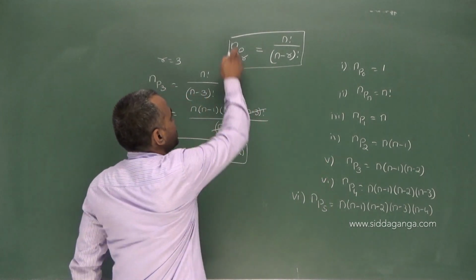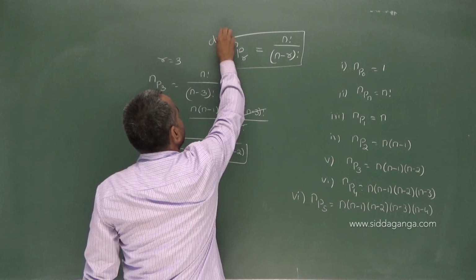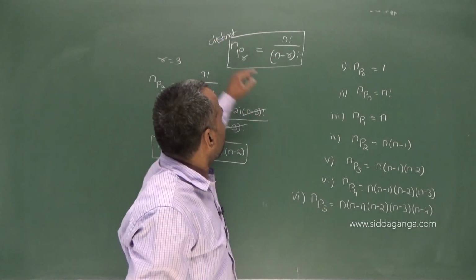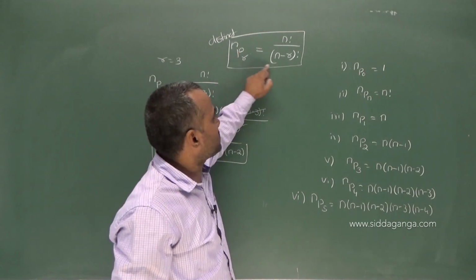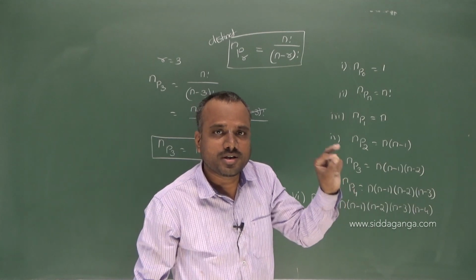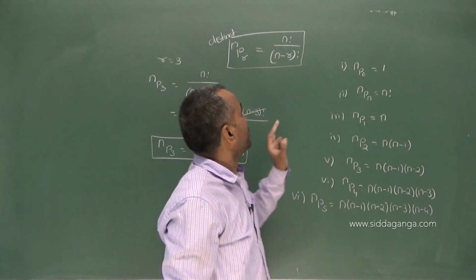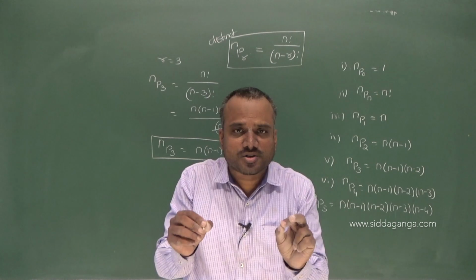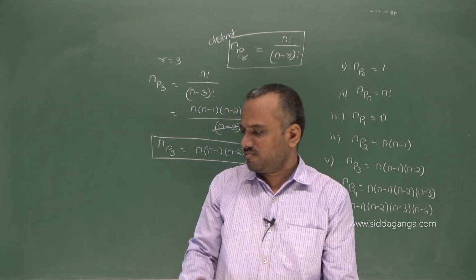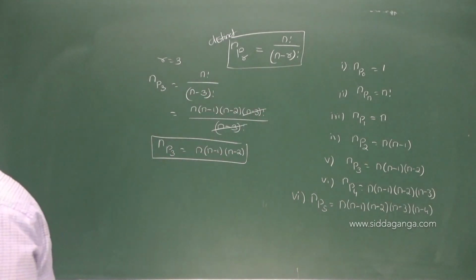Firstly, for distinct objects, nPr is nothing but n factorial divided by n minus r factorial. We will see the problems.